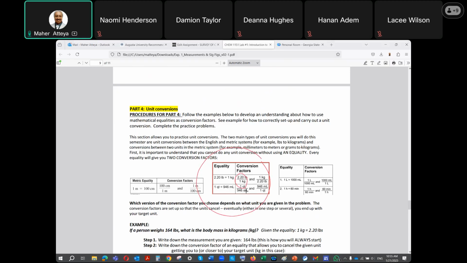For the volume, 1 quart, 1 QT, has this value here, 946 milliliters. These conversions, you don't have to memorize all of them. Nobody really memorizes all of them, but you get a conversion factor, and you have to use it. So we can look at one of those here.